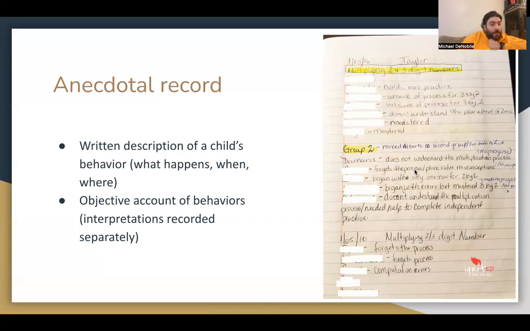It happens. We have disagreements with people all the time. You're going to have disagreements with students. You're going to want to keep an anecdotal record in your notebook in order to make note of a situation as it arises. You may never have to address that situation ever again.